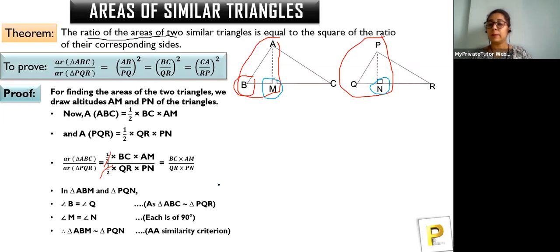Both of these triangles are similar by which test? AA test. You saw in my previous hashtag 2 part what AA similarity is: if two angles are congruent, then the triangles are considered similar. Now let's move towards the next part.